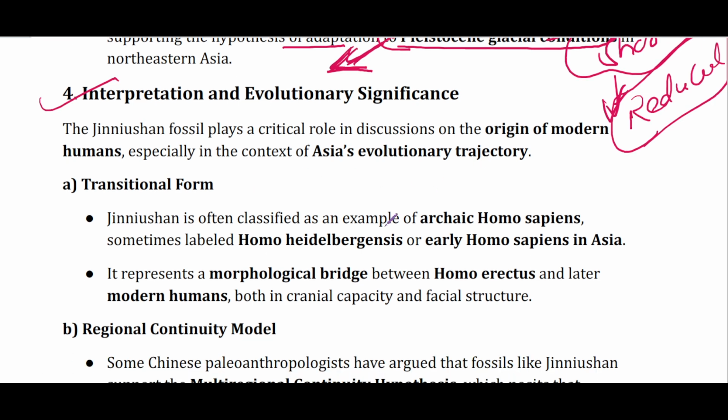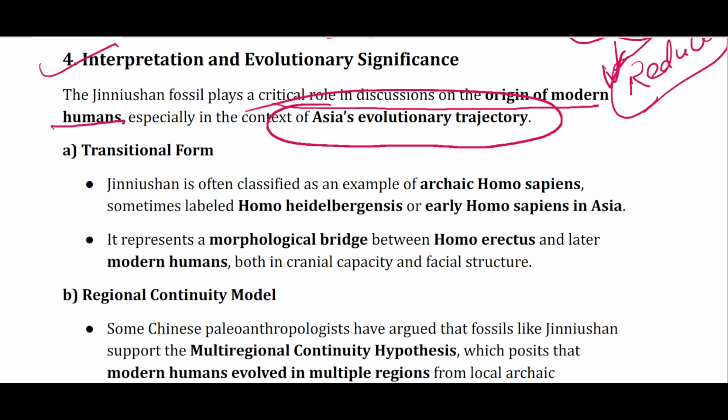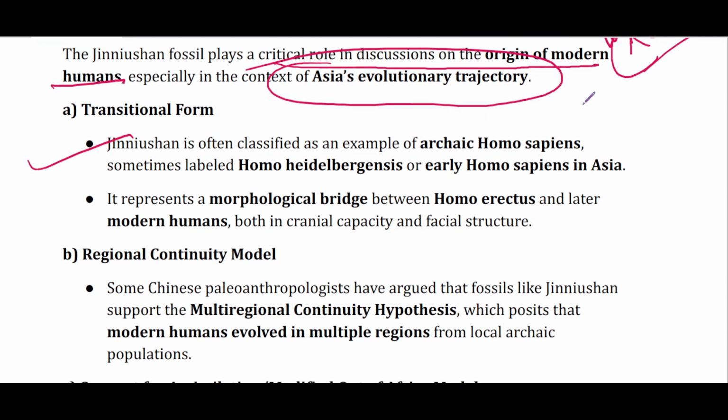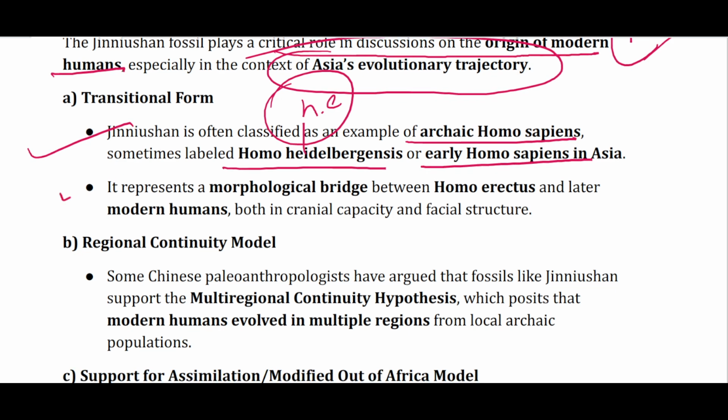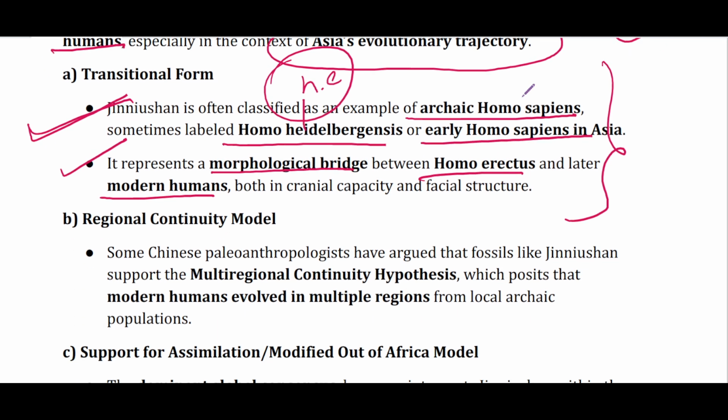Now the significance. It plays a critical role in the discussion on the origin of modern humans, especially in the context of Asia. First of all, these features are an example of archaic Homo sapiens, sometimes called Homo heidelbergensis or Homo erectus, or some early Homo sapiens in Asia. Then this fossil represents a morphological bridge between Homo erectus and later modern Homo sapiens because of all these transitional and gradual features.